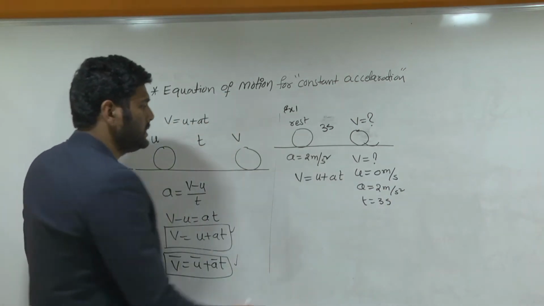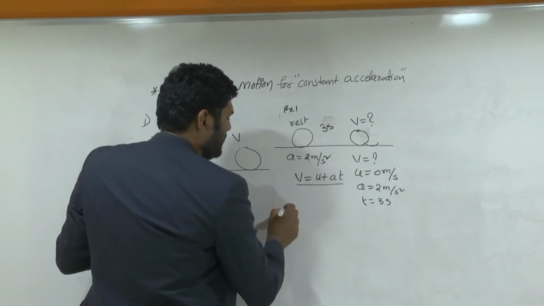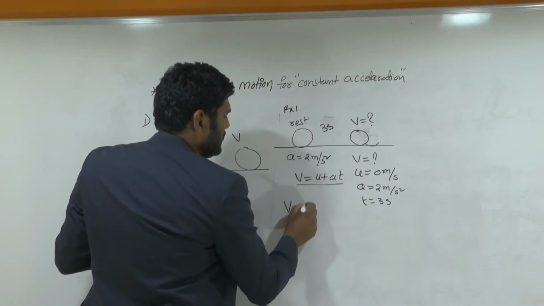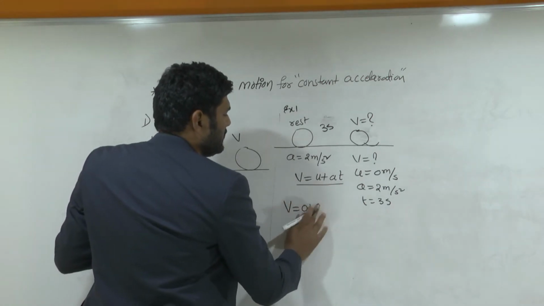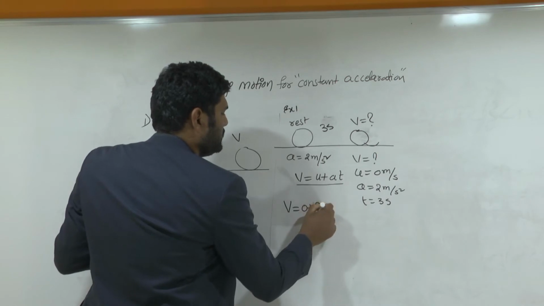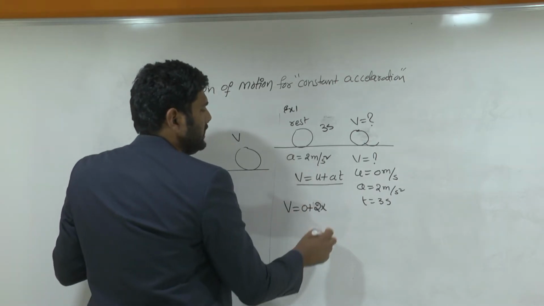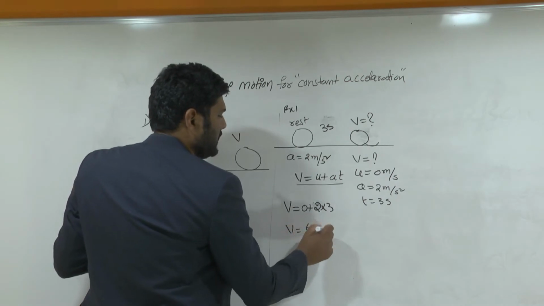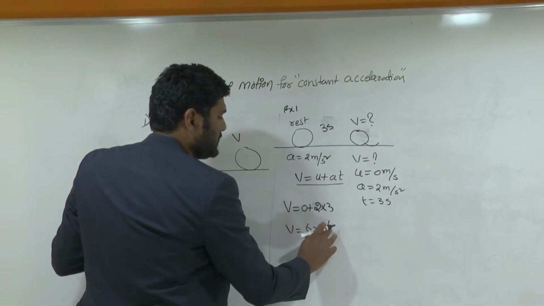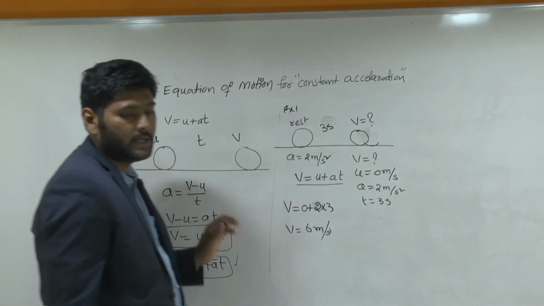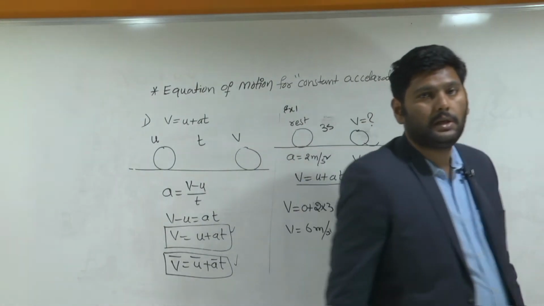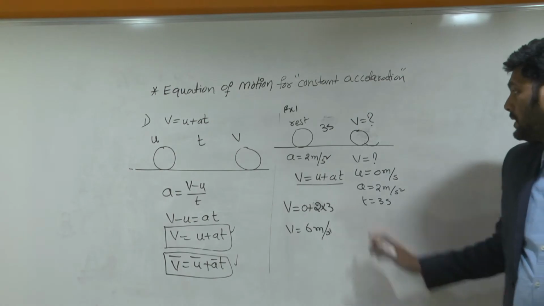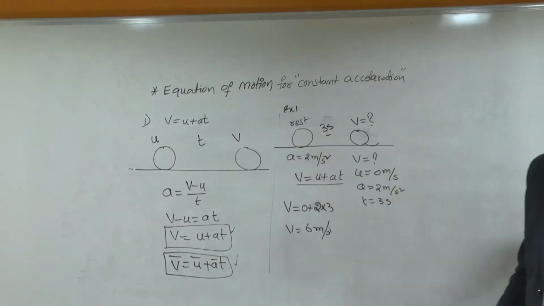If I apply the data in this formula, v is equal to 0 plus 2 into 3, so it would be 6 meter per second. This is the velocity of the object, 6 meter per second after 3 seconds. Note down.